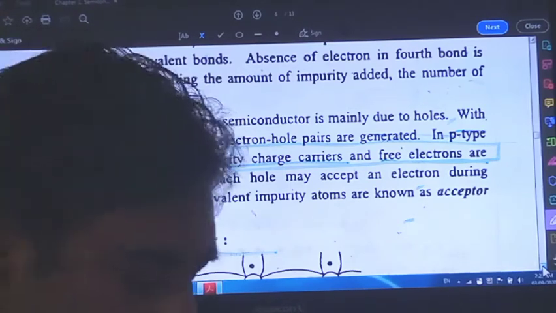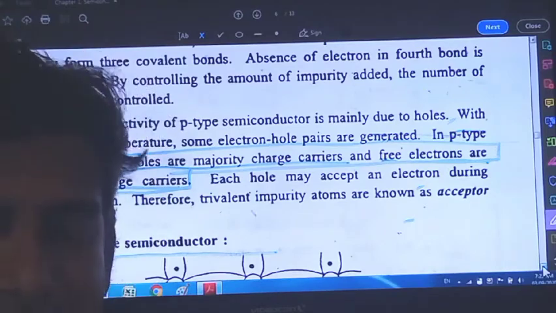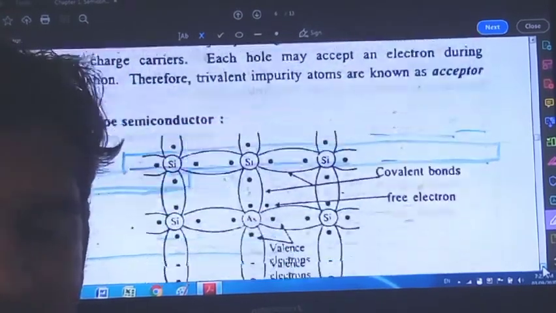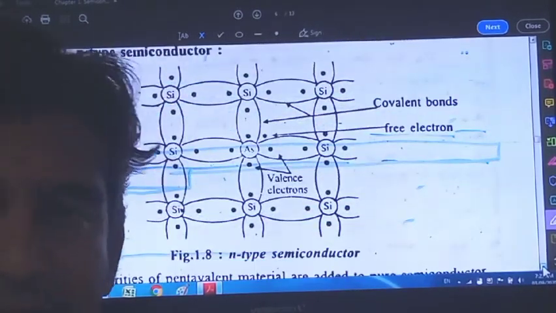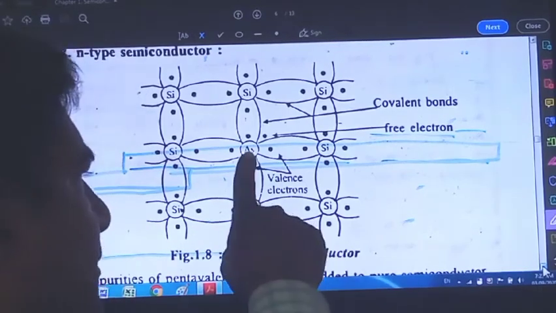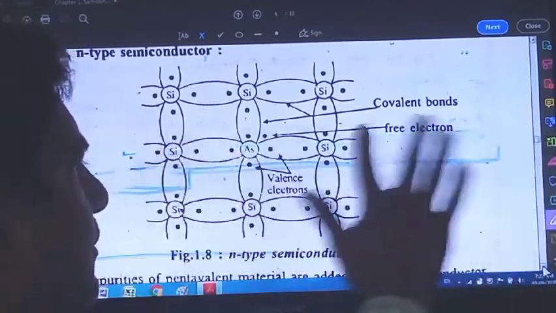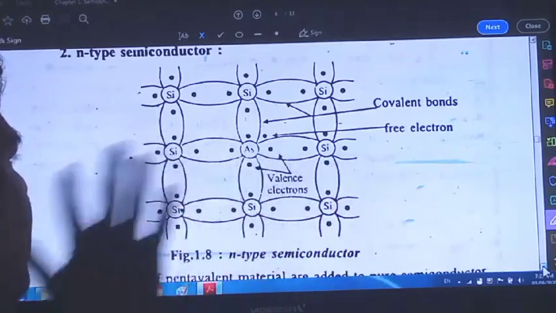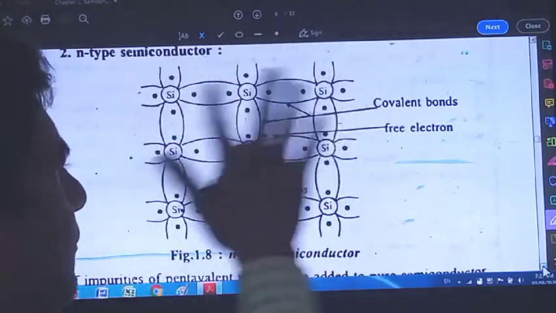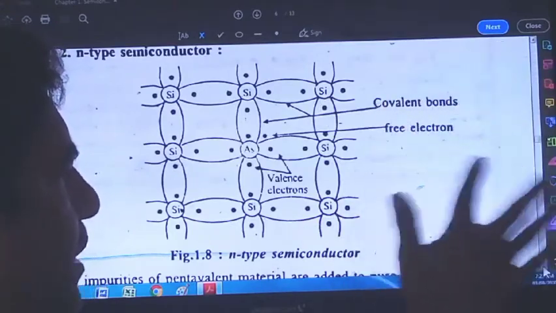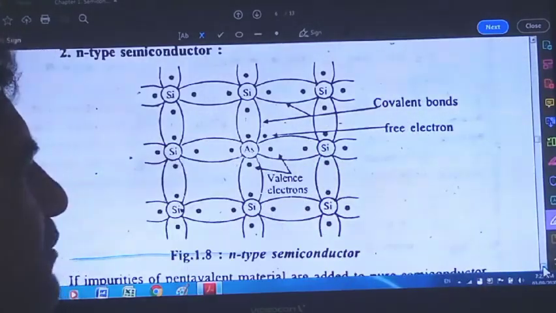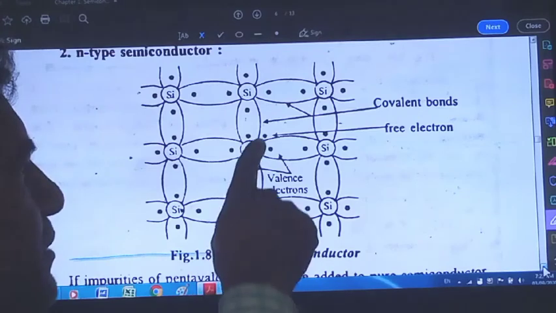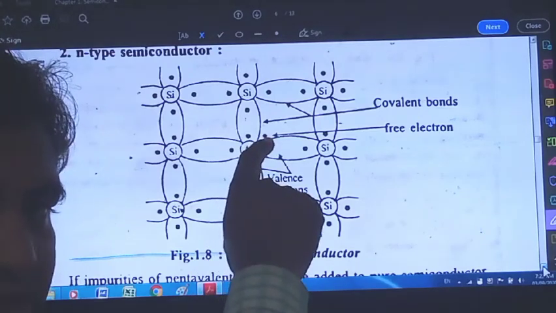Clear to you? Then comes the n-type semiconductor. In this n-type semiconductor, we have added the arsenic. Here, instead of 4, there are 5 electrons in the outermost orbit, which means 1 electron is extra.